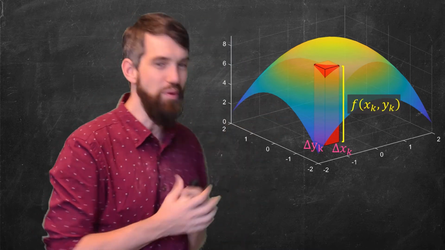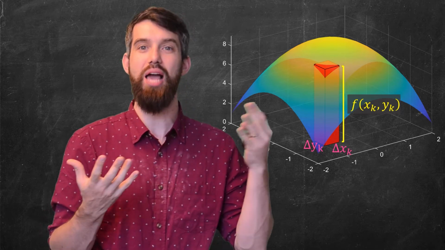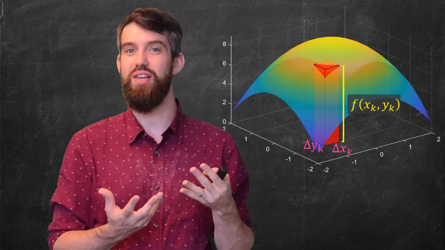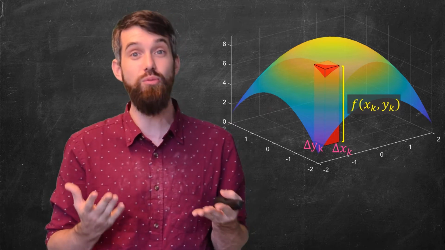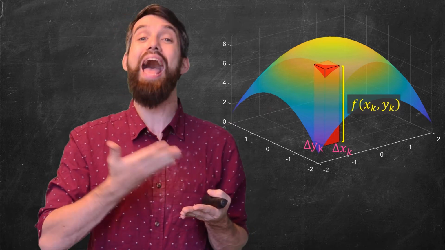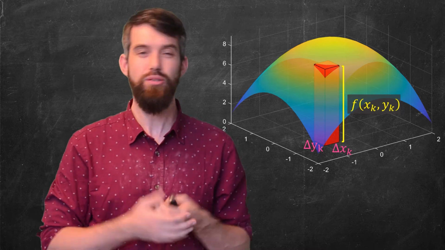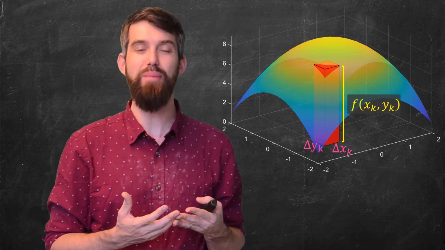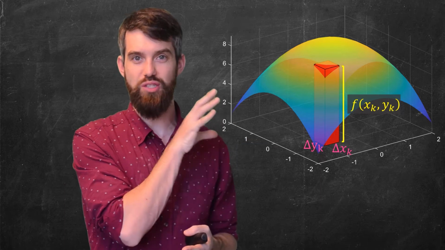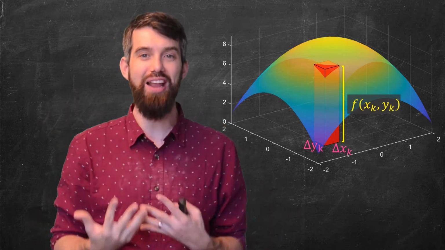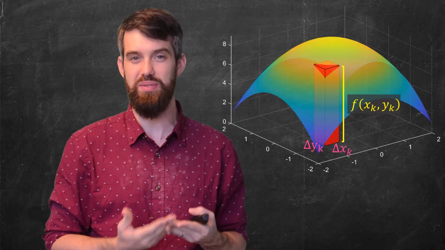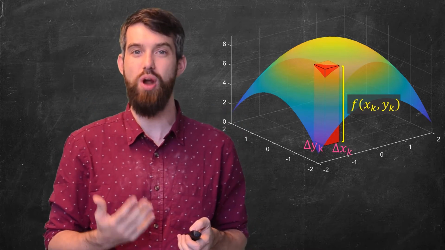The volume of this box is base times height: the product of delta xk and delta yk in the base, multiplied by the height, which is the function value at xk, yk. So the basic idea is to compute that volume for one particular box, add it up over all of them, and finally take a limit in some sense.